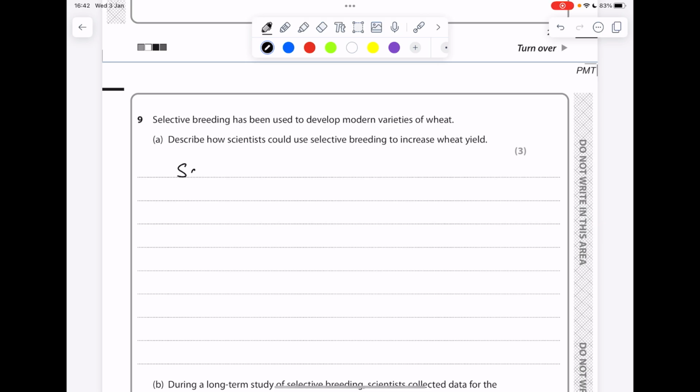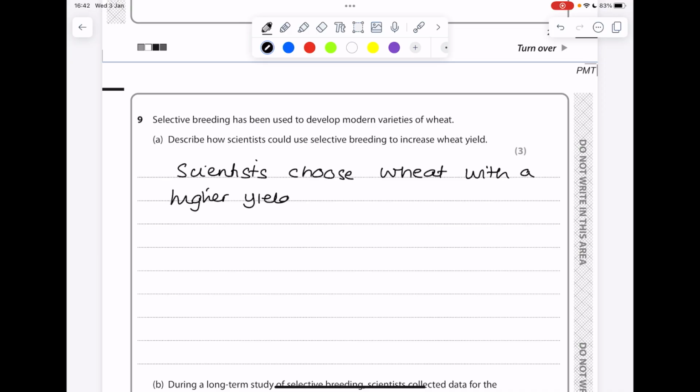So, scientists choose, so we're kind of describing the process of selective breeding, wheat with a higher yield. And allow these to self-pollinate. The mark scheme says allow words like mate, but it's not an animal, so try and be sensible with your wording.